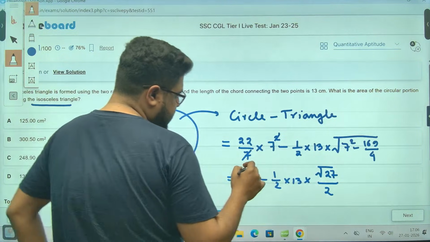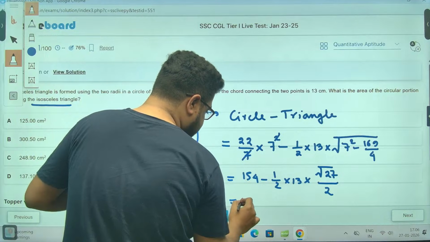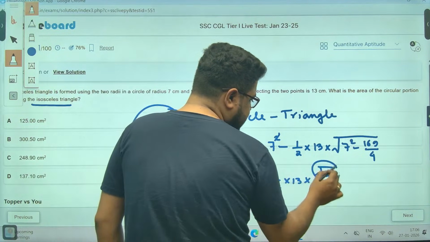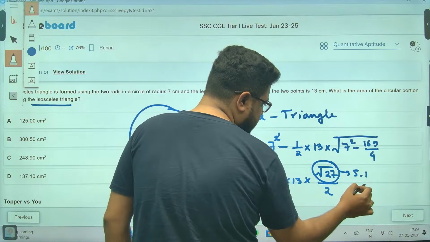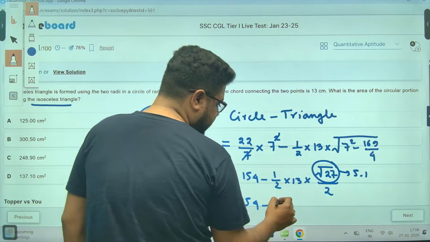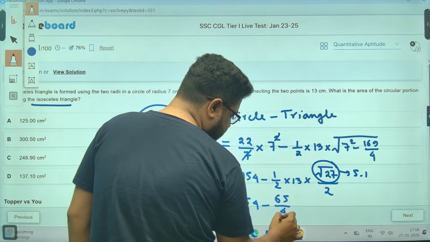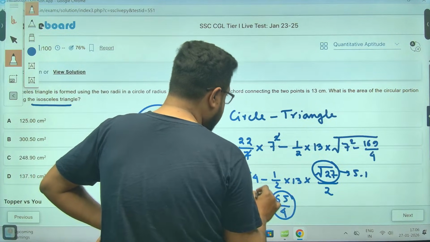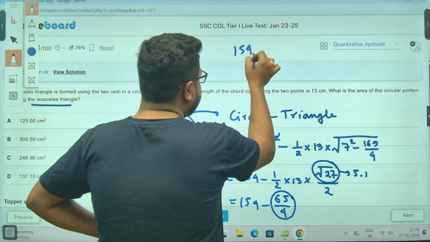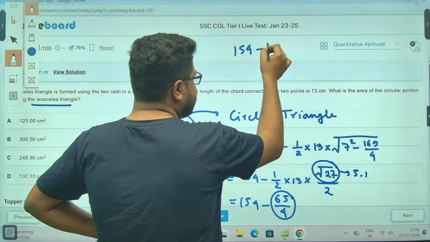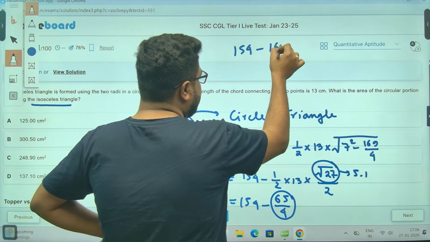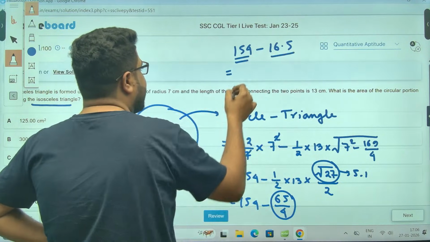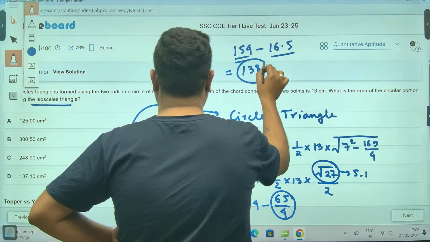So this calculation will be a little on the trickier side. We have to approximate. Let's take root 27 as 5.1. 13 into 5.1 is about 65, 65 by 4, almost, slightly more than that. So 154 minus 16.5 almost, so if you cancel, around 138 will be the answer.